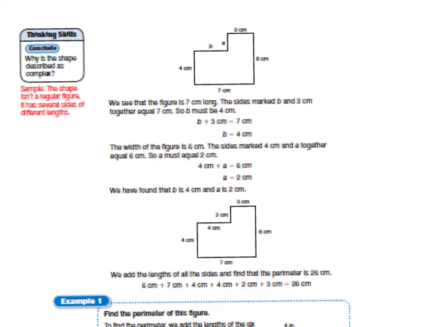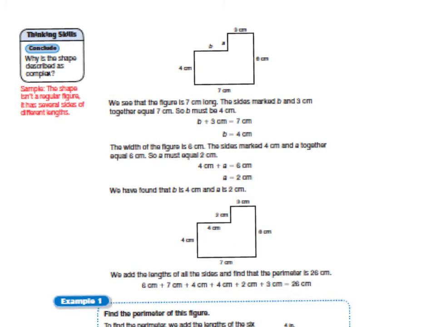Now the hard part is being careful that you've included all your sides. So if you're trying to be sure of that, you might count them. You might say there's 1, 2, 3, 4, 5, 6 pieces here. Okay? So there should be 1, 2, 3, 4, 5, 6 pieces down here when we add them together. Now, they've done it in a rather long way because they've taken our 7 and our 6 and our 4 and our 2 and our 3 and added them all together in a long string there.